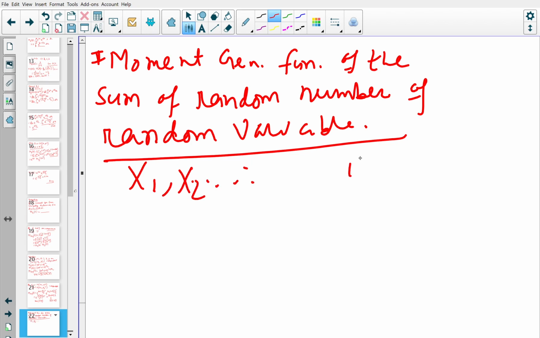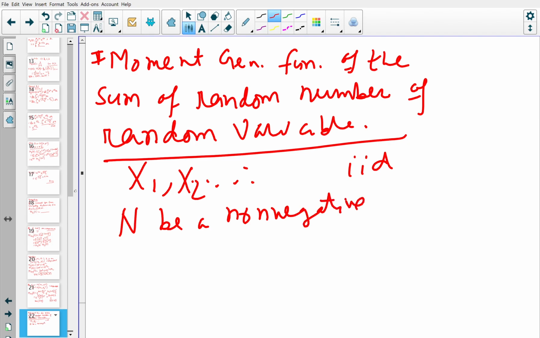They are IID, so what does that mean? Independent identically distributed random variables, and you have another non-negative random variable N. Let me assume that it is integer valued, you take only integer values.